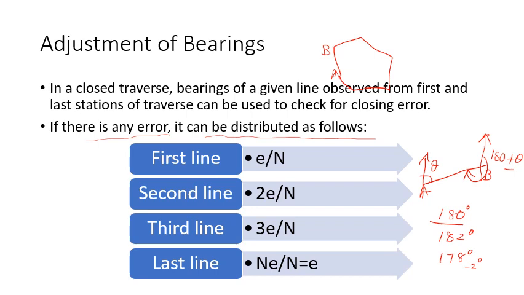What is N? It is the number of sides. In the polygon, suppose you have N sides. Then error by N will be the adjustment to be given for the first line. For the second line, the adjustment has to be twice E by N. For the third line, 3 times E by N. Fourth line, 4 times E by N. Like that, for the last line, you have to make an adjustment of N times E by N, which is nothing but E. Right. This is how we adjust the bearings.